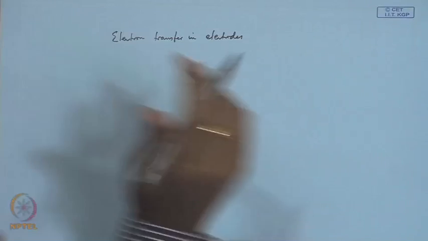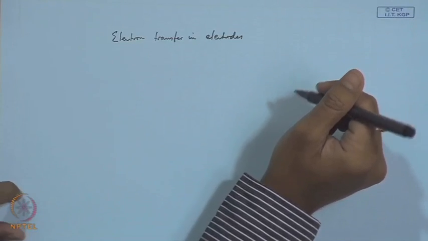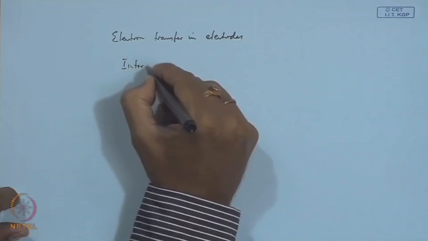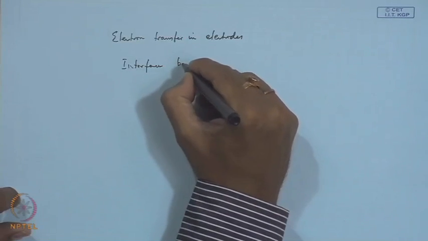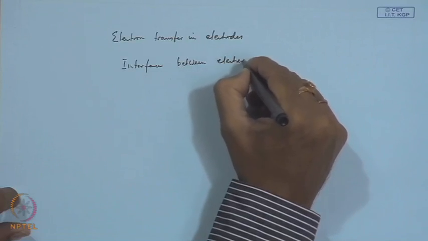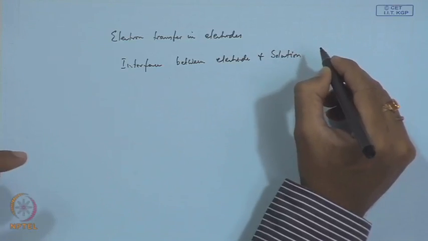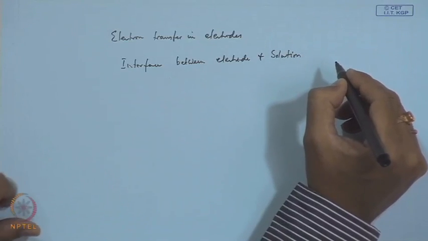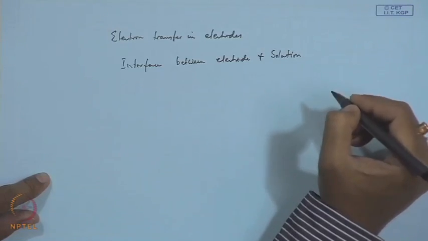There we talked about the interface between electrode and solution. We discussed the Helmholtz double layer, the Gouy-Chapman layer, and finally the Stern layer, which is a mixture of these two.